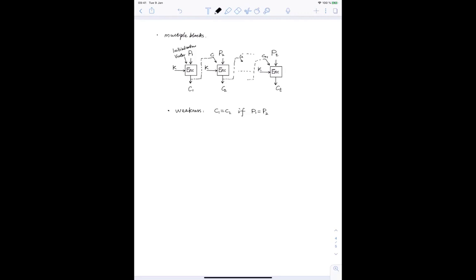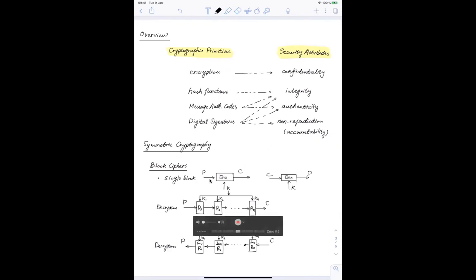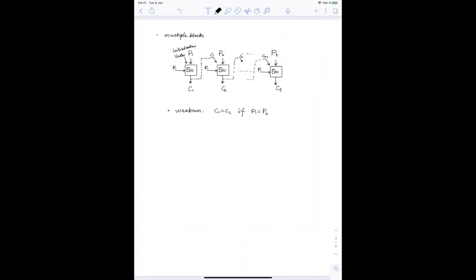Since, from the previous single mode, the input plaintext has a fixed block size, it's natural that each of these block encryptions takes the same size of input block and gives out an output block.